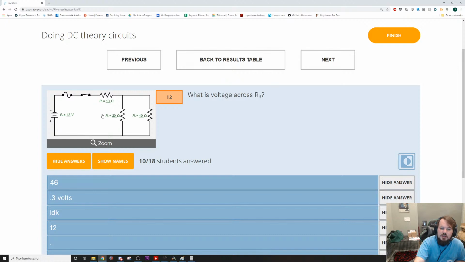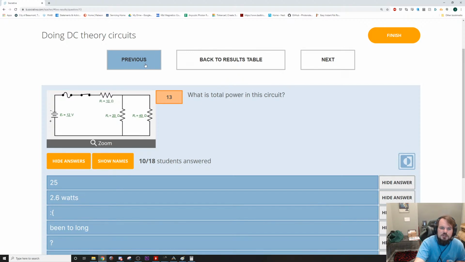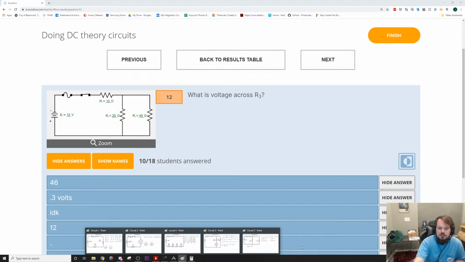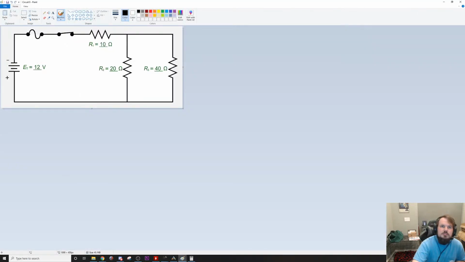Oh, this is combination. Okay. How many we got left? Okay. 2 more circuits. Let's work this circuit. Let me find it right there. Open with paint. That's actually a pretty good size.